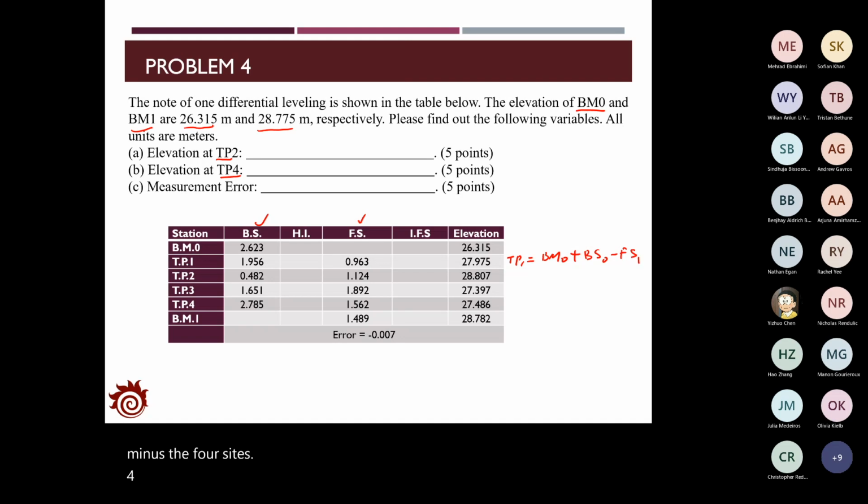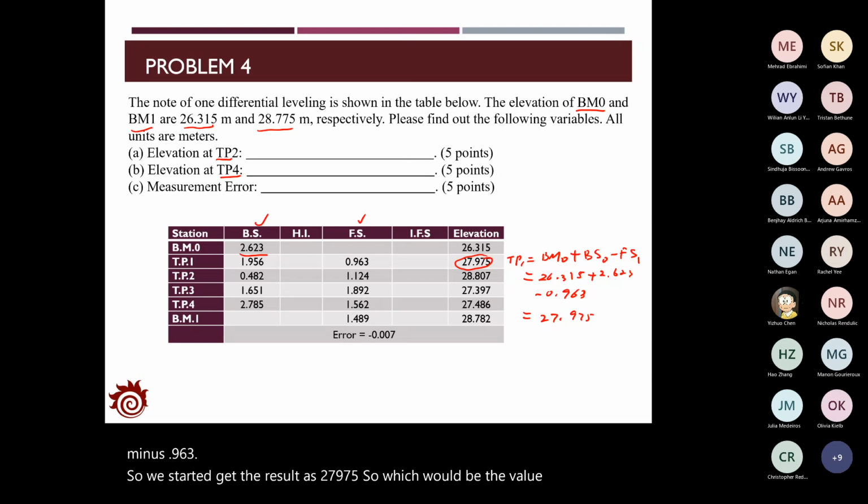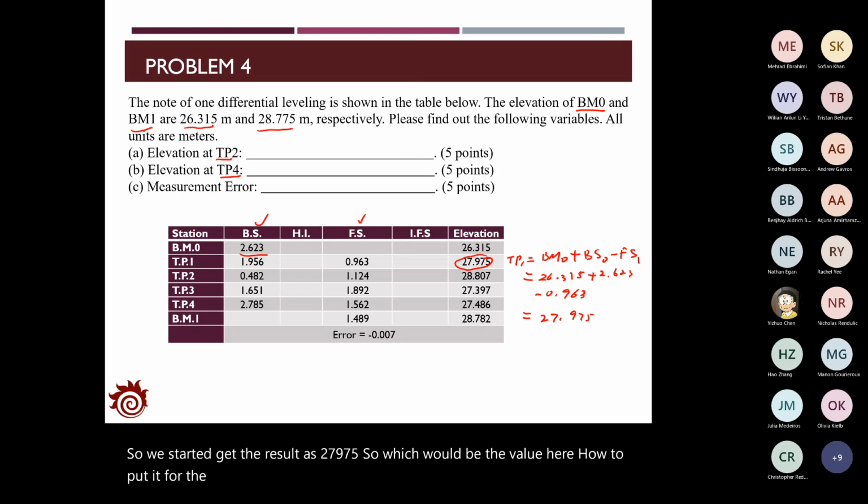So what we will get for the elevation of turning point 1 is 26.315 plus backsight 0, which is 2.623, minus 0.963. So we get the result as 27.975, which would be the value you have to put for the turning point 1.